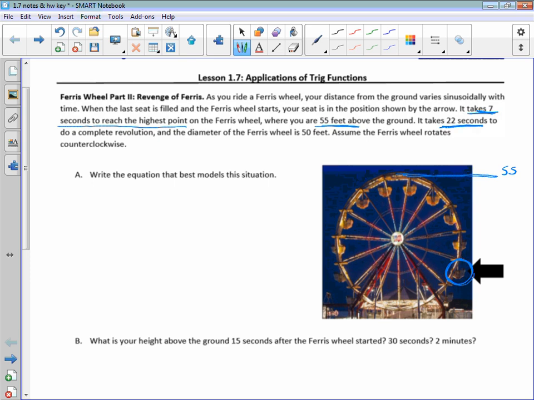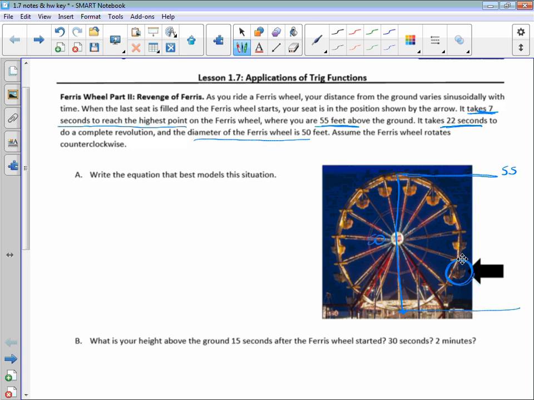It takes 22 seconds to do a complete revolution. I'll come back to that. And then the diameter of the Ferris wheel is 50. So from the top to the bottom of the Ferris wheel, that's 50 feet, right? So where is the lowest point on the Ferris wheel?